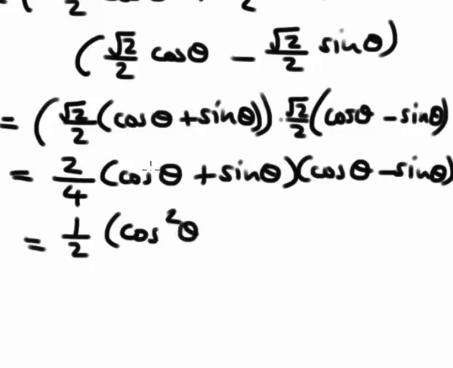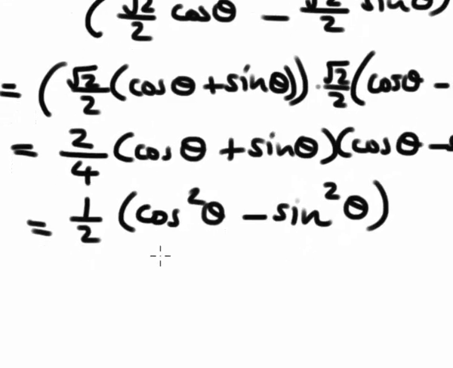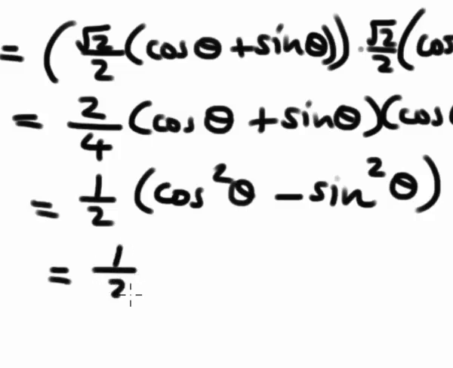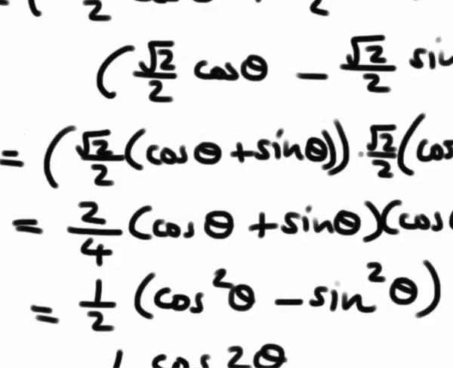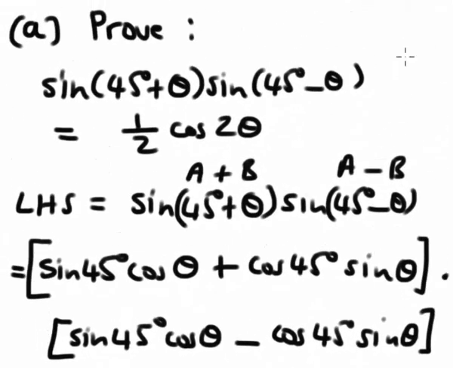Cos times minus sine is minus sine cos, plus the sine cos vanishes, and then you're left with minus sine squared theta. And what do we know about cos squared minus sine squared? Well, that's the formula for cos 2 theta. Lovely Matric exam question. It's exactly what you wanted to prove.